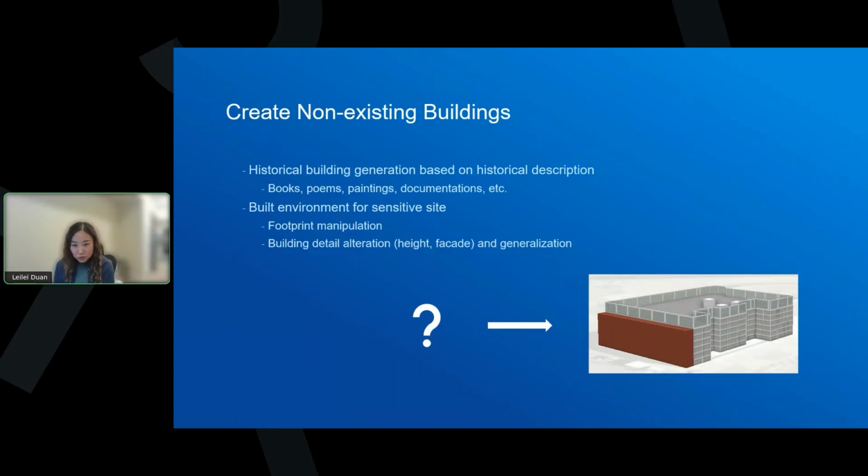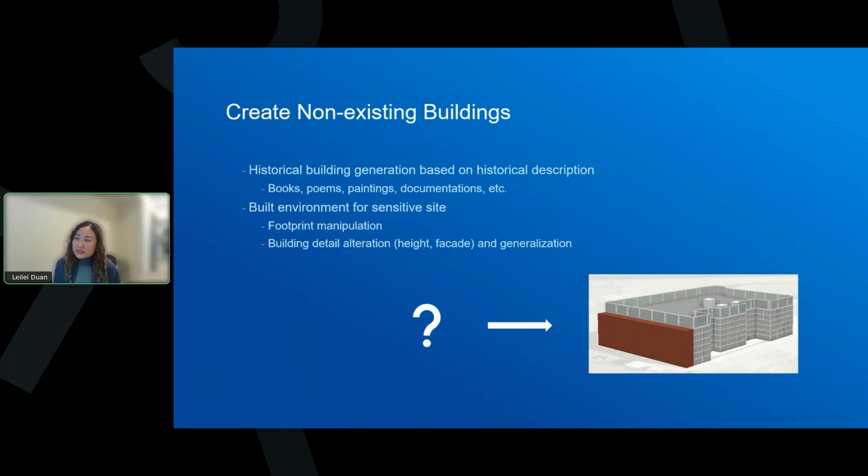CityEngine is a great tool to use in that case because apparently you cannot use LiDAR or reality capture for that purpose. And if that client is asking for that kind of visualization at large scale, then CityEngine is a perfect tool for that case.